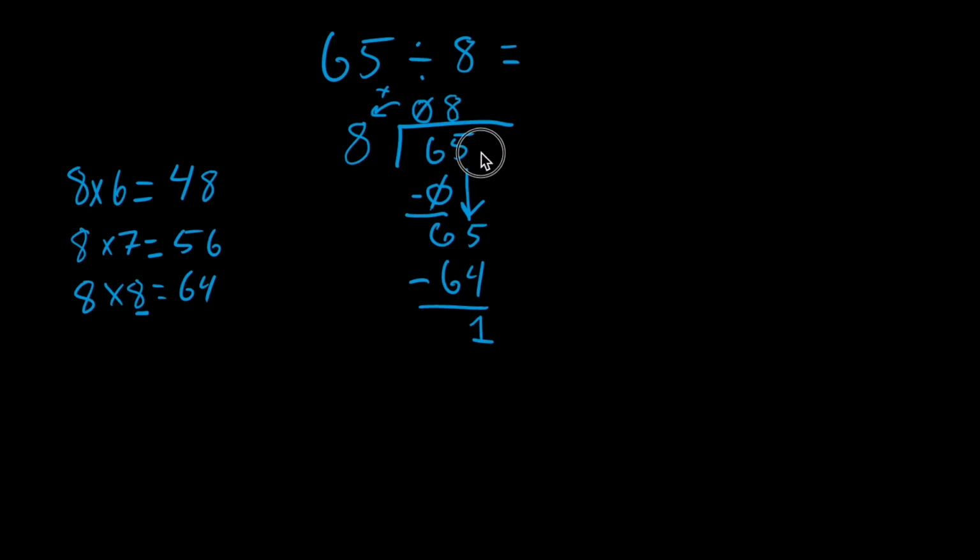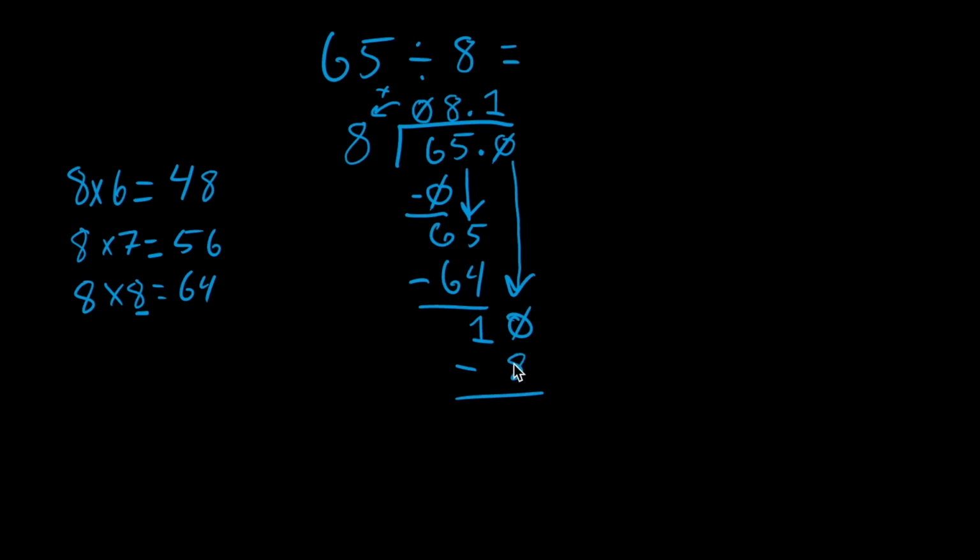But let's go ahead and turn it into a decimal. So I'll add a decimal after the 65 and a decimal after the 8. Write my 0. Now bring this 0 down and then turn this 1 into a 10. So how many times can 8 fit into 10? That is 1 time. 1 times 8 is 8.